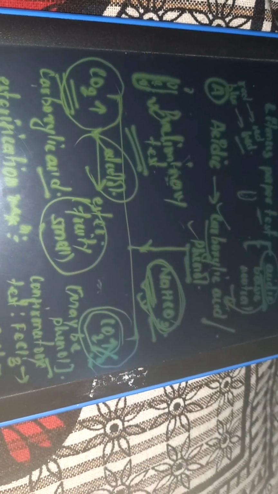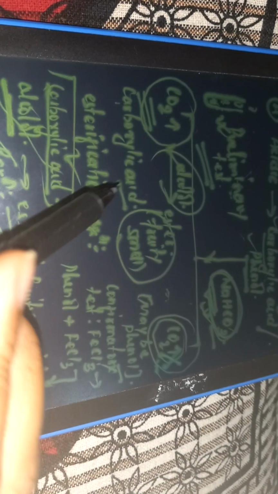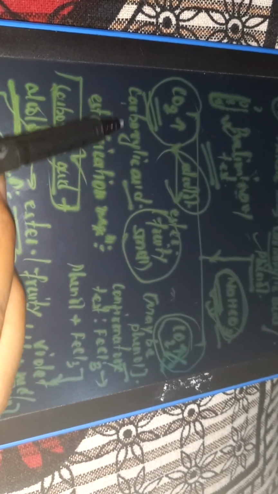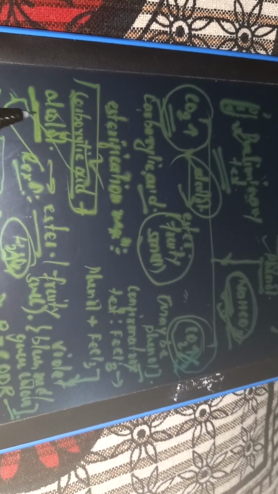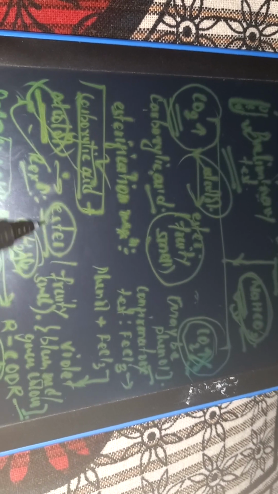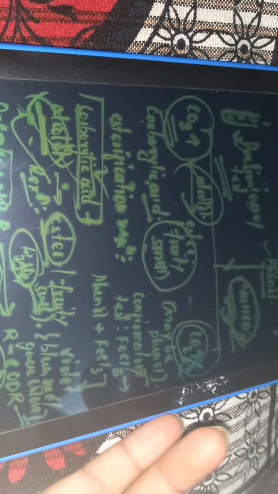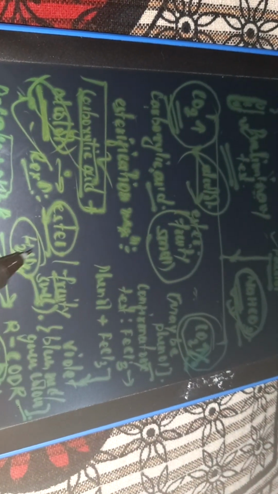One is the esterification reaction: if you add a carboxylic acid with an alcohol, it gives an ester. The ester has a fruity smell. To detect it, you should have the smell or odor, or see the precipitate. If the ester comes, then it is confirmed that it is a carboxylic acid.